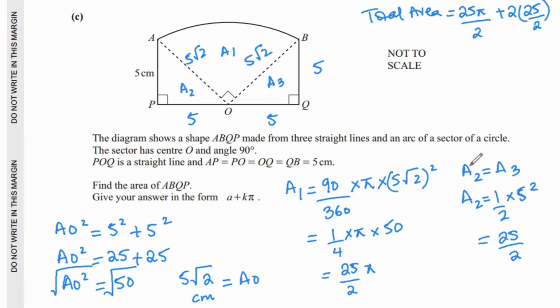Why twice? Because A2 and A3 are the same. So that's 25 pi over 2 plus 25. And that is your answer. A is 25 and K is 25 over 2.